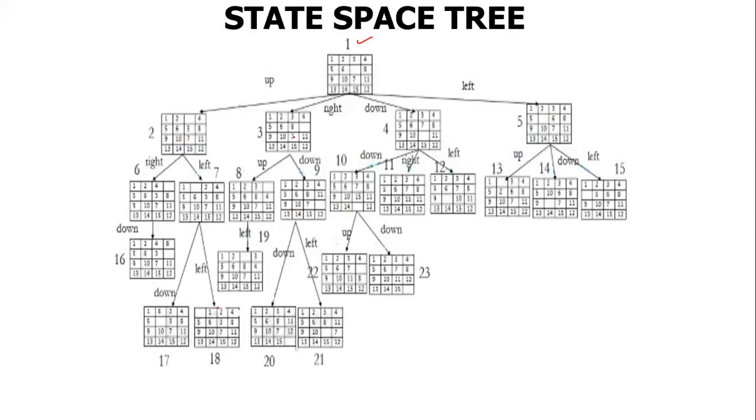These are the 4 possible arrangements. That's why node 1 is an E node and it will generate 2, 3, 4, 5 as its children nodes.